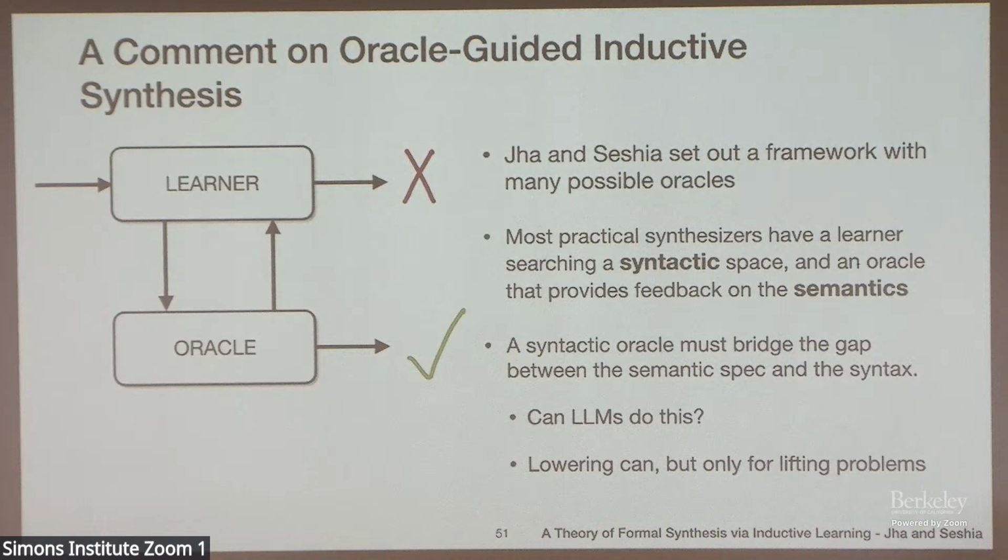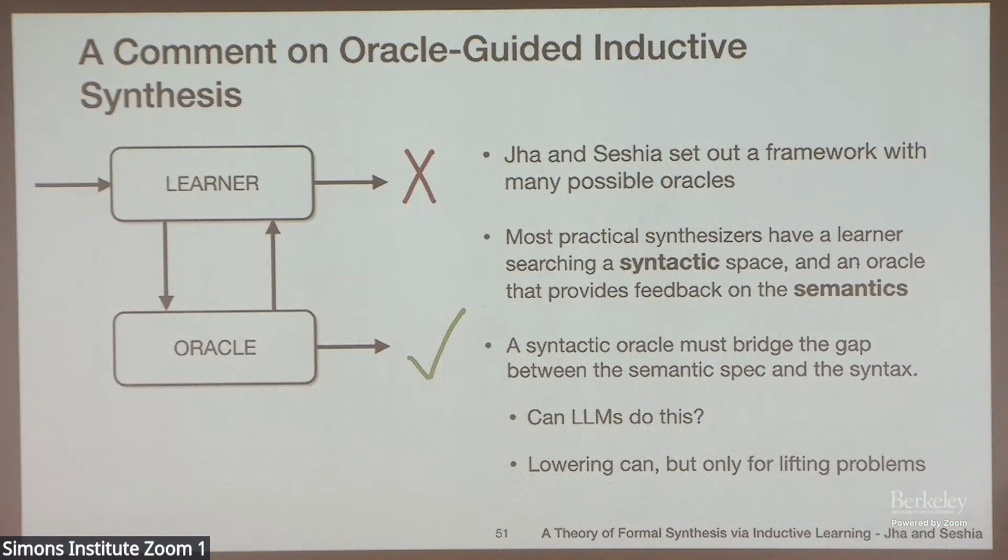And I want to make the claim that what we've been doing in the last two bits of work I've talked about is trying to bridge this gap between the semantic specification and the syntax that you're searching through. We've been trying to come up with oracles that can give you feedback that is directly and easily applicable to your syntactic search. In the first instance, we're using the LLM to do this, and we're hoping that the LLM can bridge the gap between the semantic spec and the syntax that we should have.